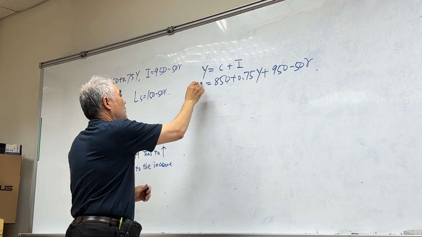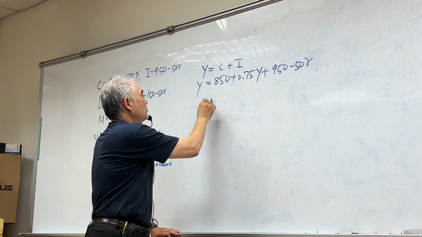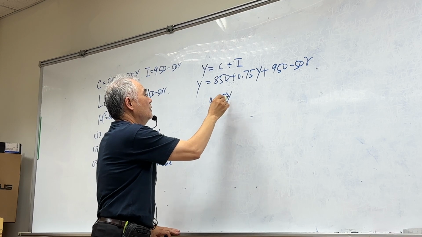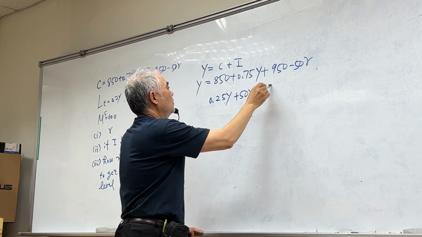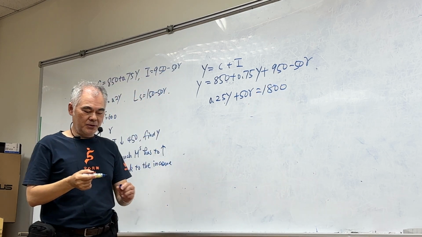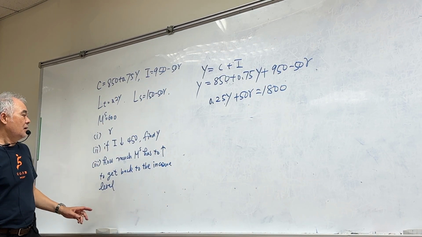Questions? And so then we have 0.25Y plus 50R is equal to 1800. So this one sounds easier.